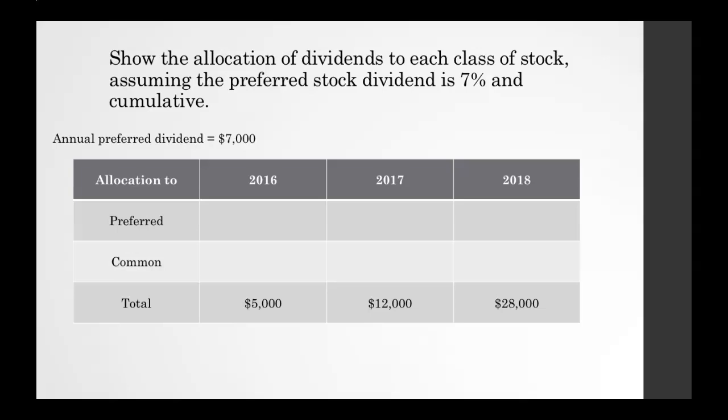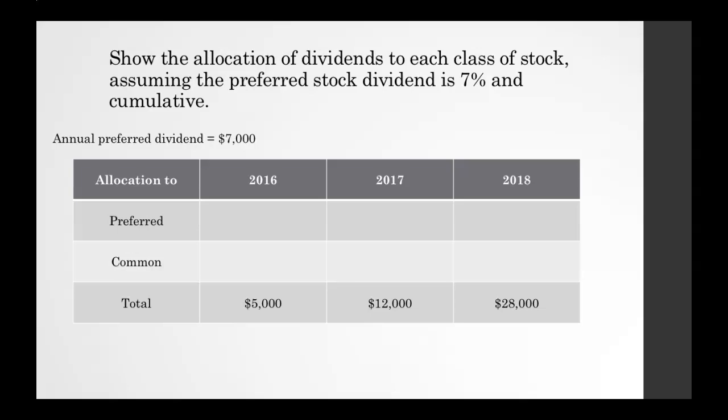So we just take a look at 2016 first. And the company's new, right? So we don't have a lot to give out in cash dividends, but we did declare $5,000. Well, if we only pay out $5,000 in cash dividends, that means that preferred cannot get their full $7,000 that they're supposed to, right? Because there's just not enough money.